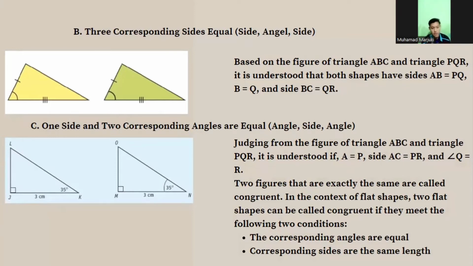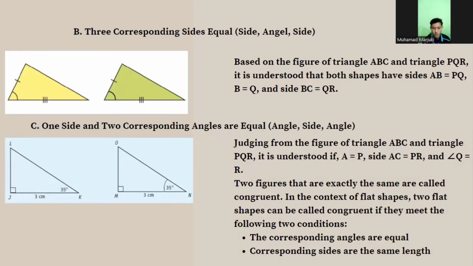The next, C: one side and two corresponding angles are equal, angle, side, angle. Judging from the figure of triangle ABC and triangle PQR, it is understood that angle A equals angle P, side AC equals side PR, and angle Q equals angle R.